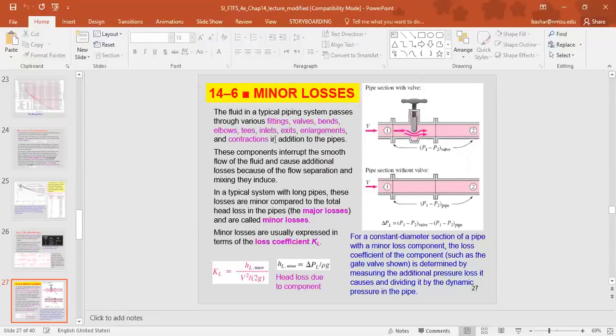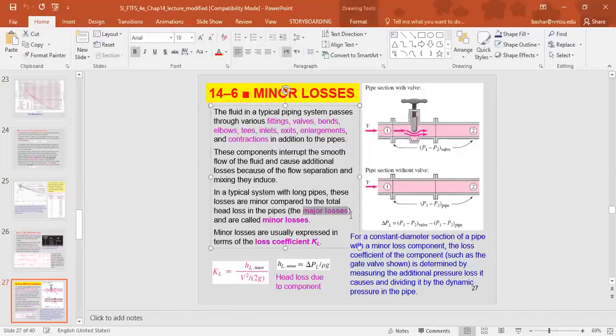Those result in additional losses called minor losses. So the losses are divided into two parts: major losses, which we learned in the previous two sections, due to friction; and minor losses, which are due to these different components in the piping system. The total losses are the sum of these two.